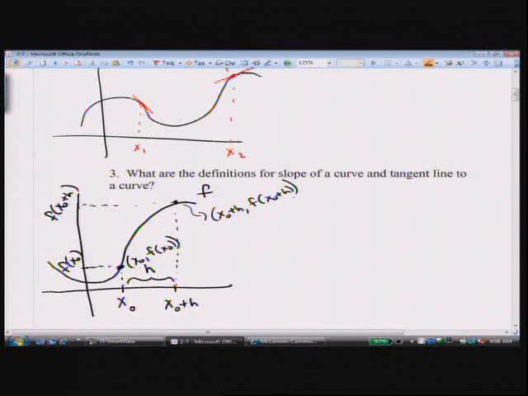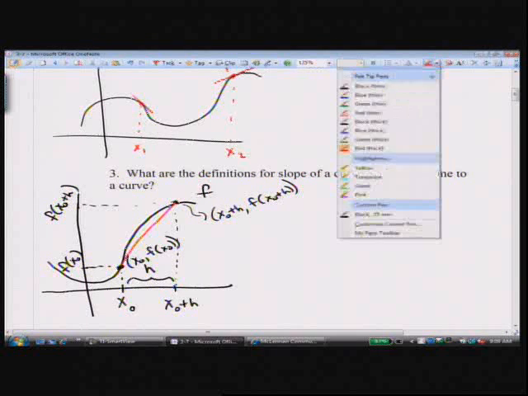Okay. Then, of course, we're going to draw the secant line in between those two points, and let's go ahead and label these points.